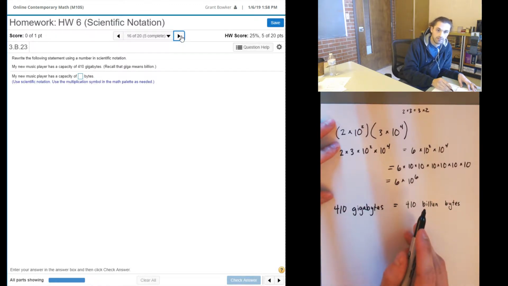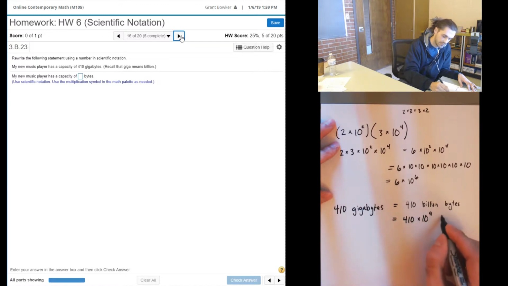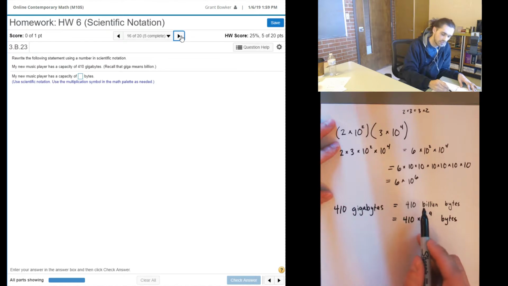Where billion, so recall, 1,000 is 10 to the 3, million is 10 to the 6, billion is 10 to the 9, so I have 410 times 10 to the 9 bytes. Simply replacing billion with what it is, 10 to the 9th.